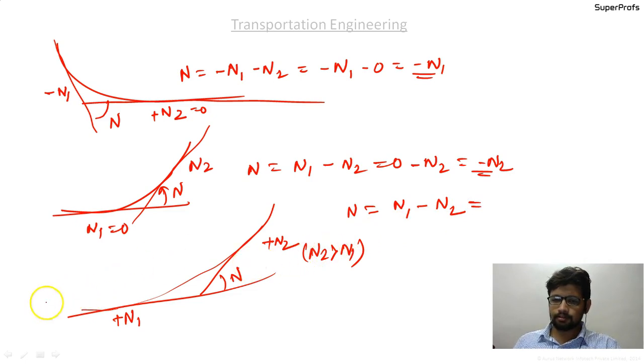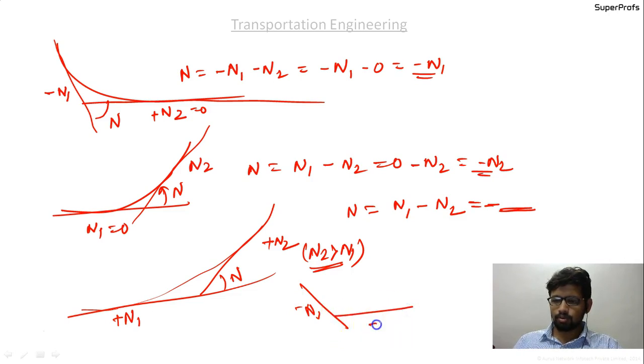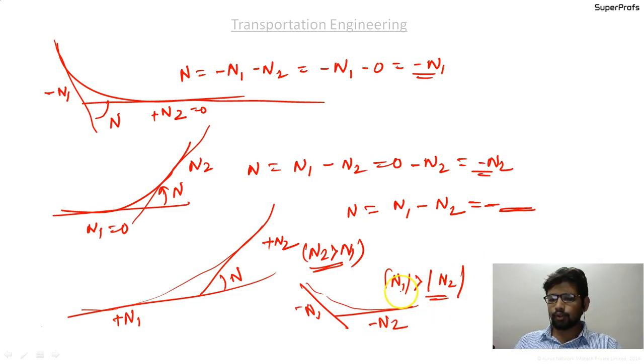It is a negative number, since n2 is greater than n1. Next it can be of this kind, the minus n1 and minus n2, where n1 is greater than mod of n2. So the n value you can calculate based on these given gradients, the deflection angles you can calculate.